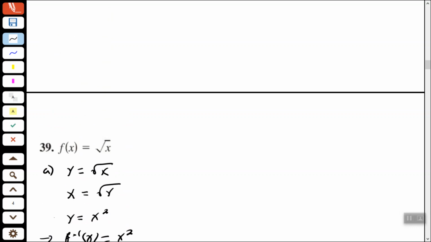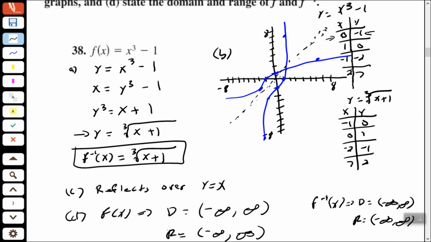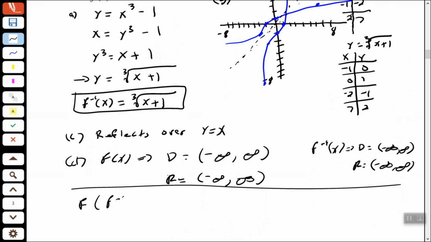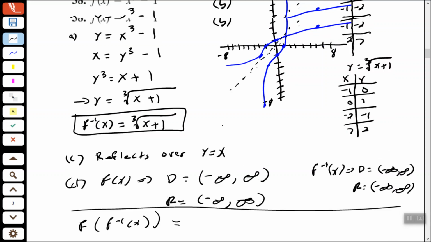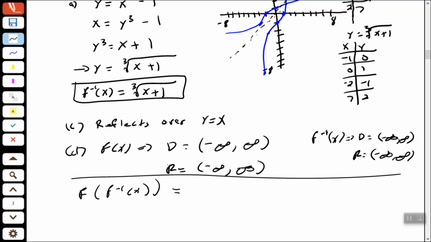Okay. And one thing we didn't do, we didn't check it, and you could check it by doing one of the composition functions. So we can check this by doing a composition function of f of f inverse of x. So the original function was x to the third minus 1. I'm going to replace the x with the inverse there.